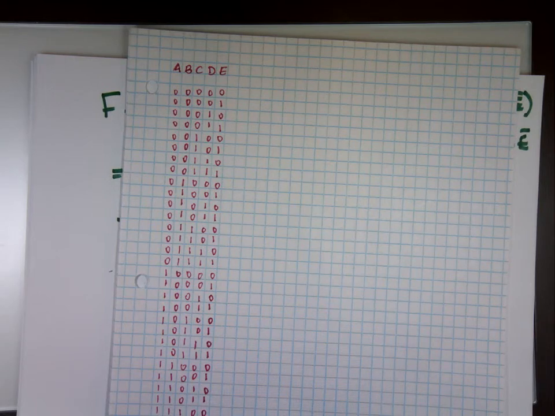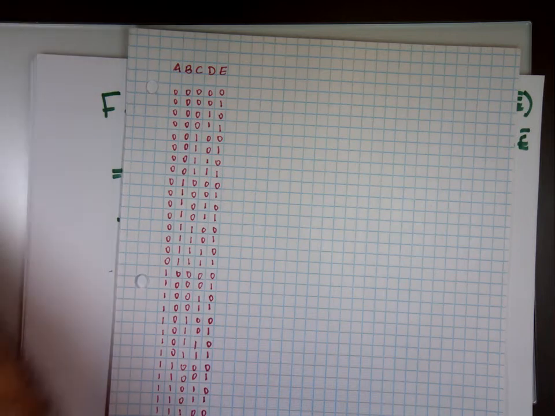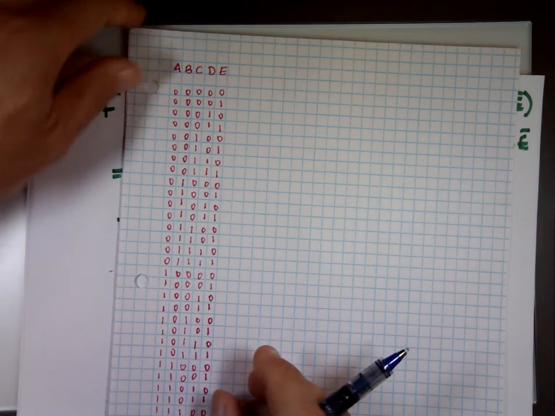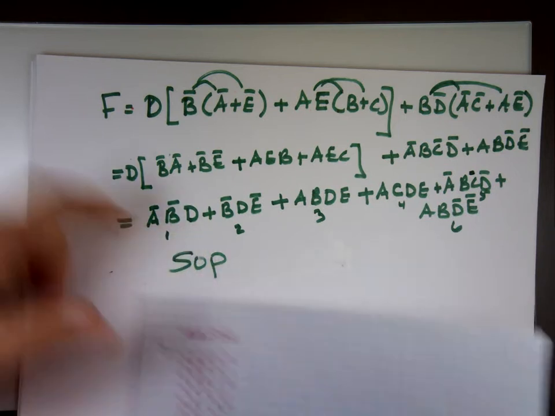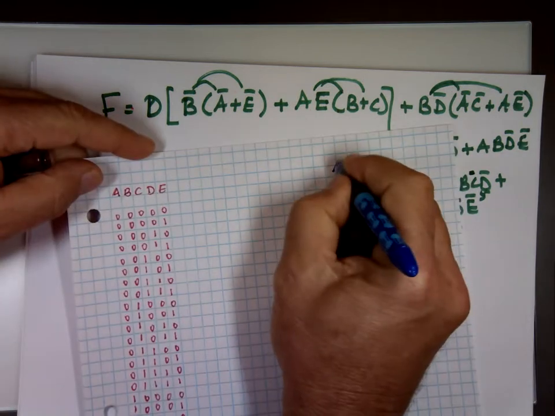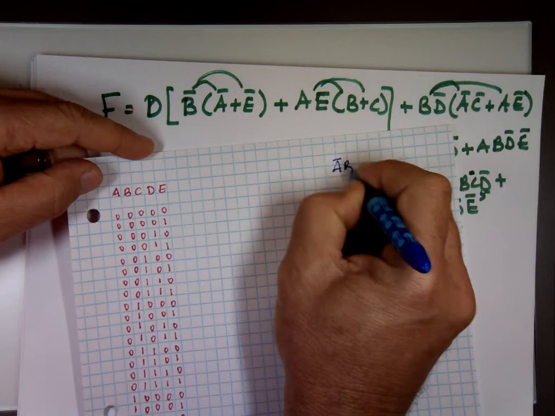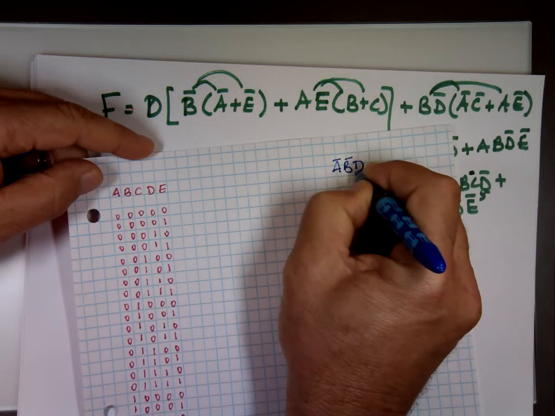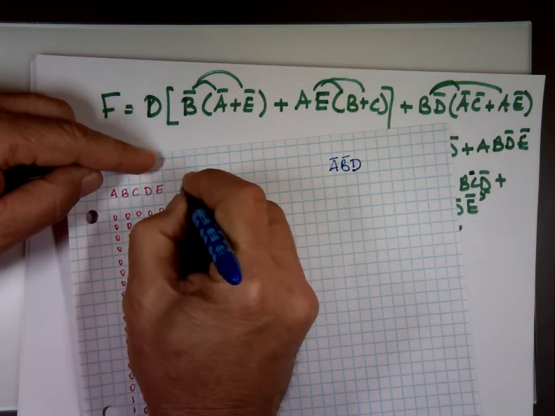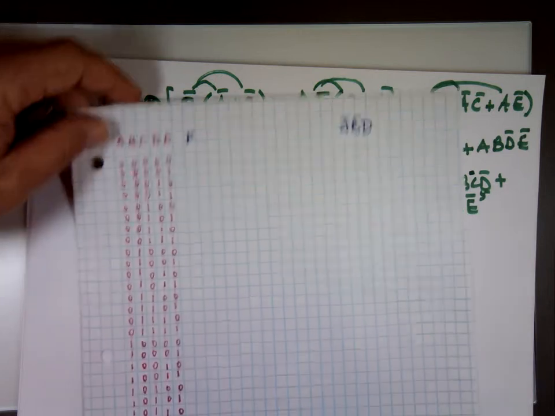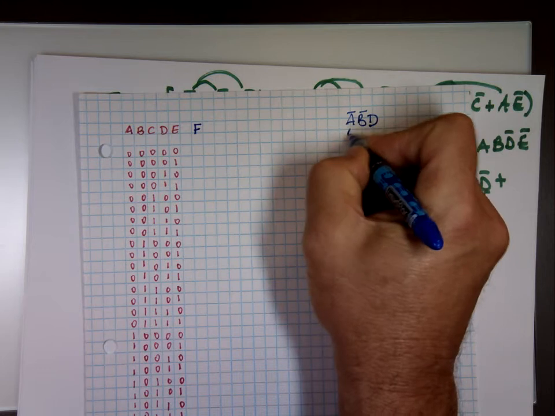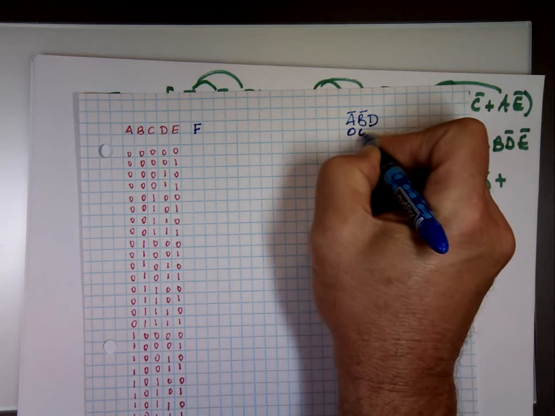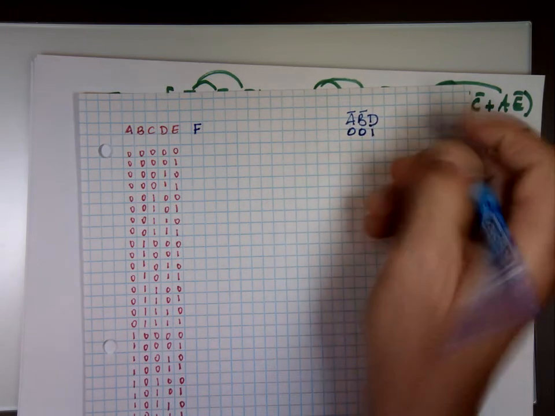Let's look at F. Let me write what F is. Let me write the terms we have. One of them, A bar, B bar, and D. So this is F. You're going to have a value of 1 when A is what? A is 0, B is 0, D is 1.